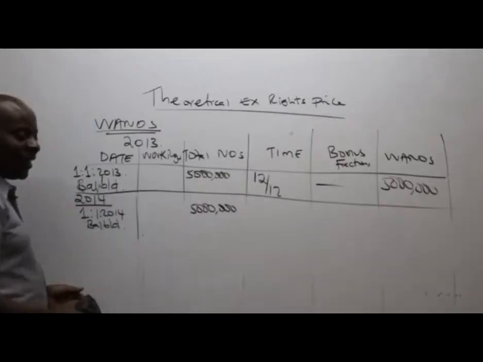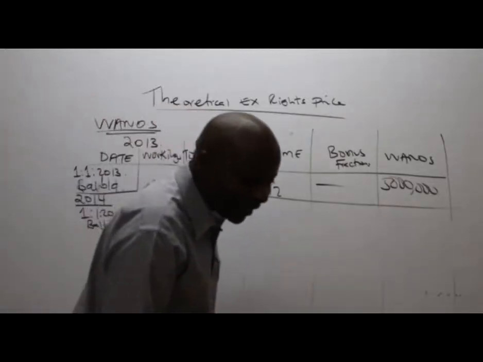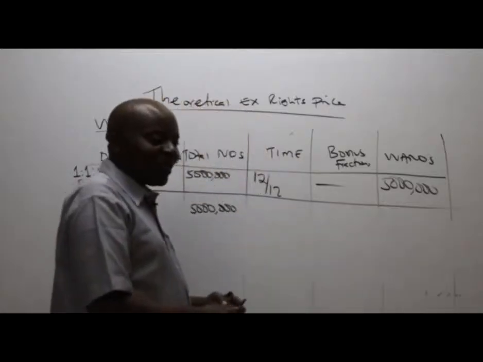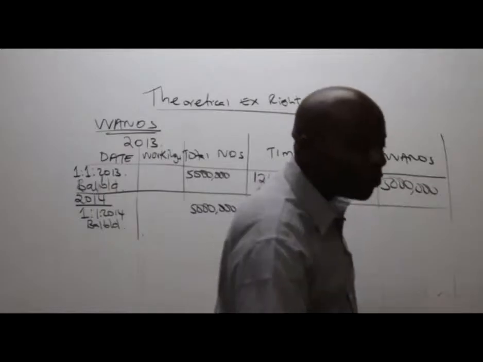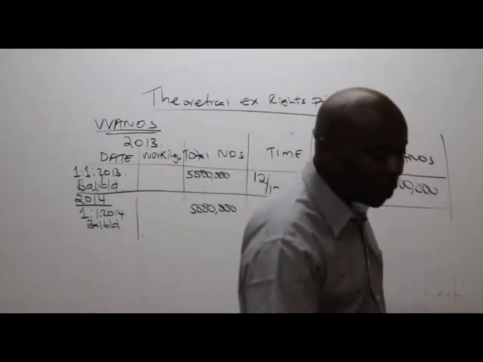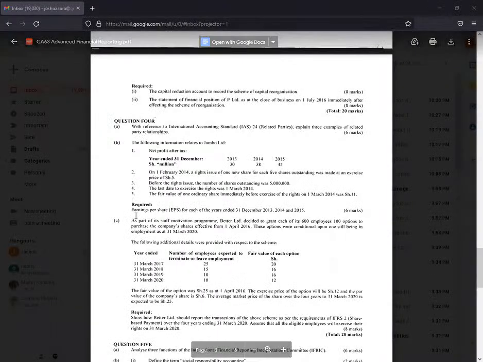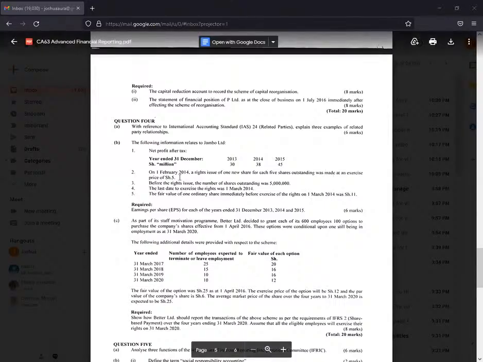Now, ladies and gentlemen, kindly listen to me very well. In 2014 some things happened. Look carefully here at 2014. On 1st February 2014, a rights issue of 1 new share for each 5 shares outstanding was made at an exercise price of 5.